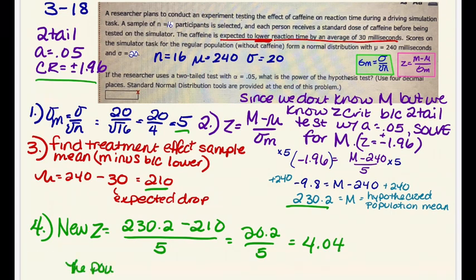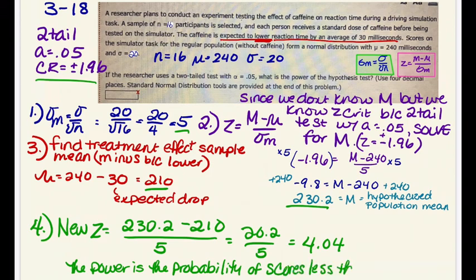I wanted to point out once again, this number is not going to be in a unit normal table because unit normal tables don't go above 4. But anything below 4, you would look on your unit normal table to find the probability.